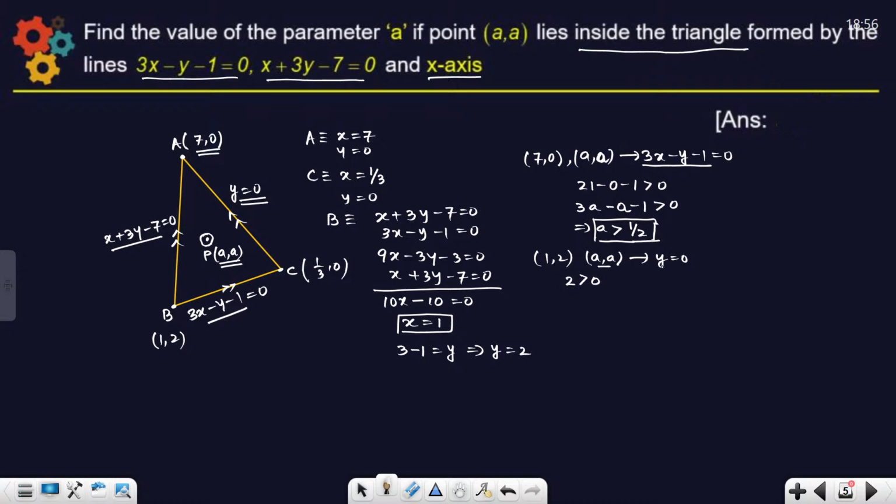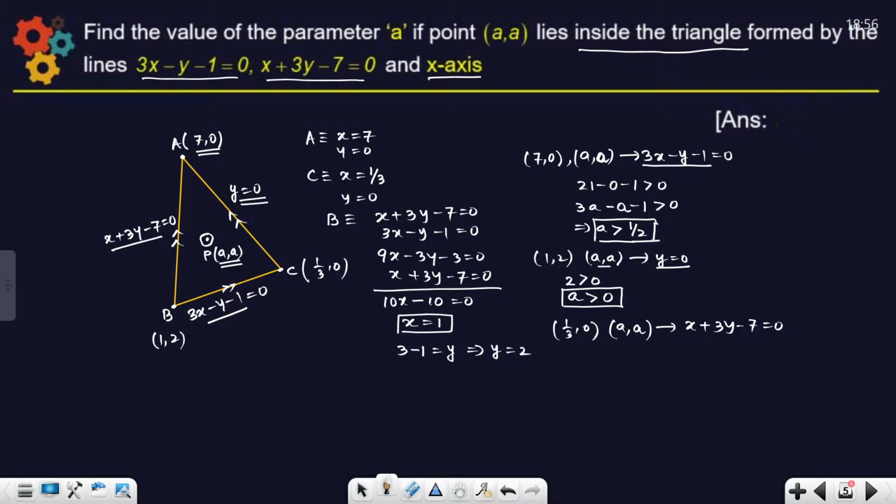Now you put (a, a) in this line, which is definitely a, which has to be greater than 0 because the point P and B are lying on the same side of y equals 0. Therefore, from this condition, we got that a is greater than 0. Right? Now we are taking the last condition, that is the point P and (1/3, 0) will lie on the same side of the line.